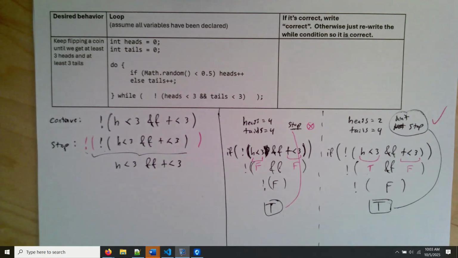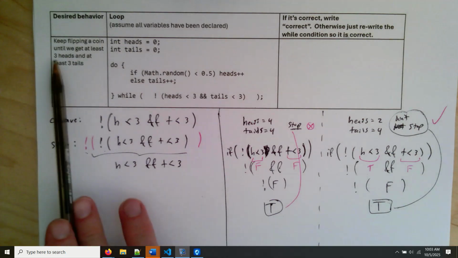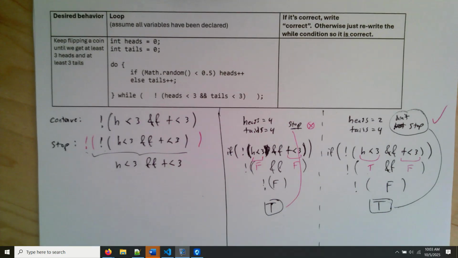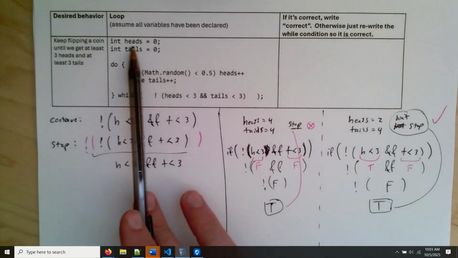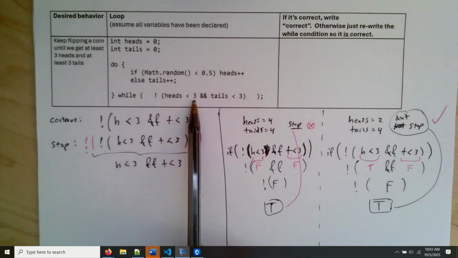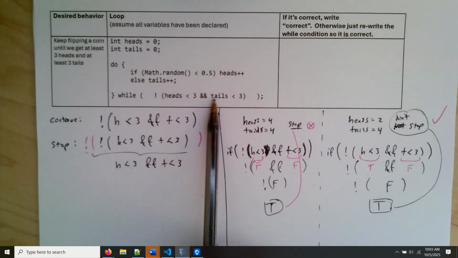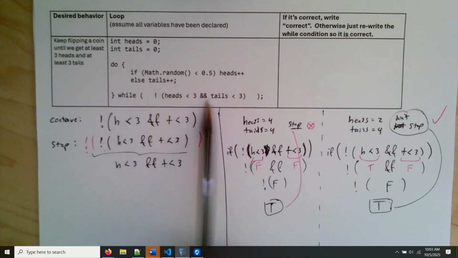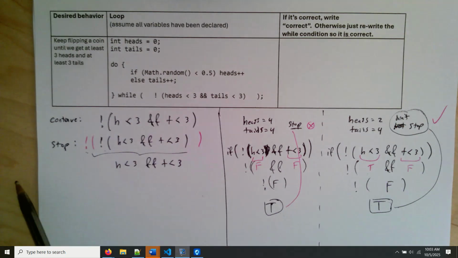If I think logically, this seems exactly backwards. I want to keep looping until I get at least enough heads and tails, but it's going to stop if heads and tails are both less than the target amount I'm trying to get to. If we'd actually tested the initial conditions, heads is 0, tails is 0: heads is 0 would make this true, tails is 0 would make that true, true and true is true, not true would be false, and so we'd exit right away. So actually this loop is just going to exit right away.